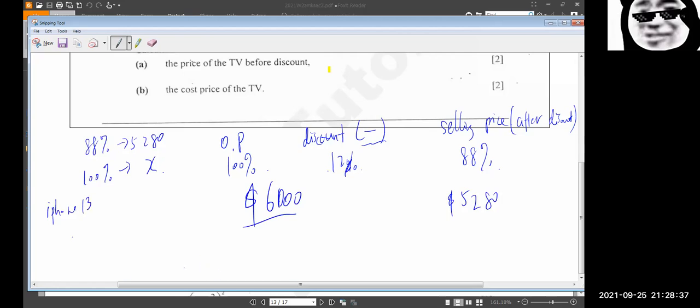Let's say the cost price is $200. And then the selling price. By the way, Apple usually doesn't give discounts for their recently launched phones.